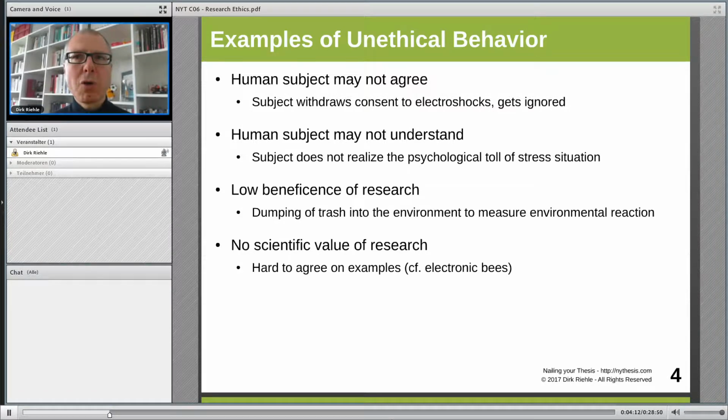An example of low beneficence I made up here is, what if you dump a lot of trash into the environment because you want to do some research as to how an environment may be able to heal itself? Now that sounds like low beneficence to me. Why would you waste or ruin the environment for knowledge you could gain in less harmful ways?